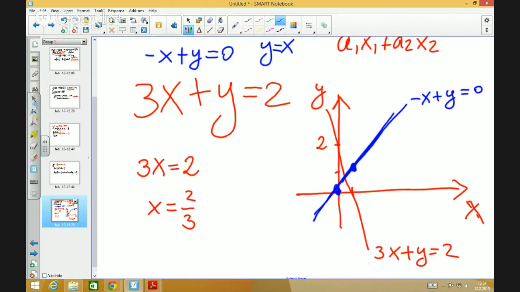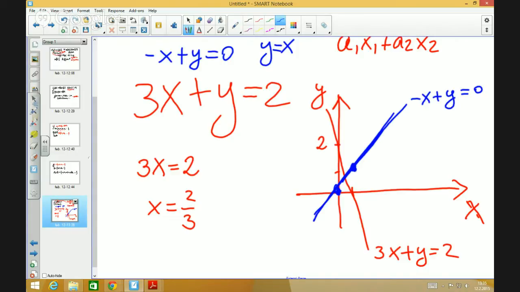So if I now ask you, how many solutions does this system of equations have? Your answer should be a pair of numbers that solves both the equations. If it solves the red equation, it must be on the red line. If it solves the blue equation, it must be on the blue line.